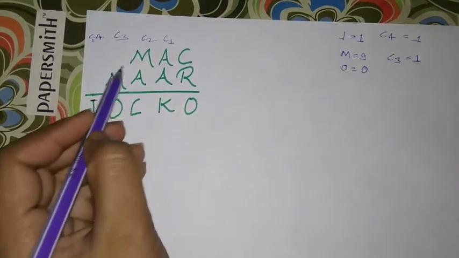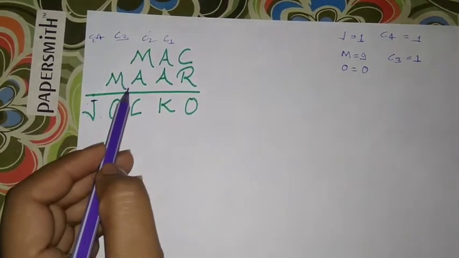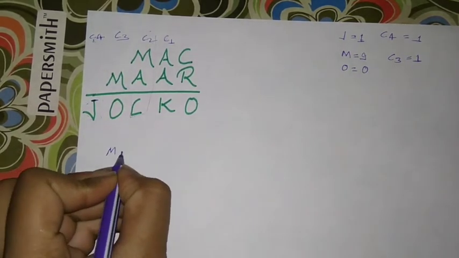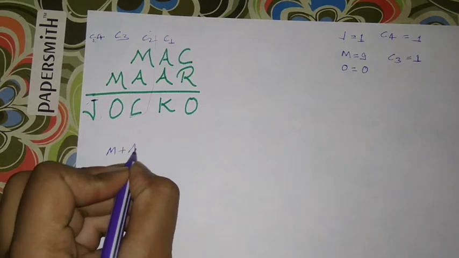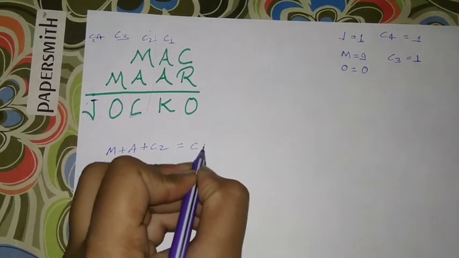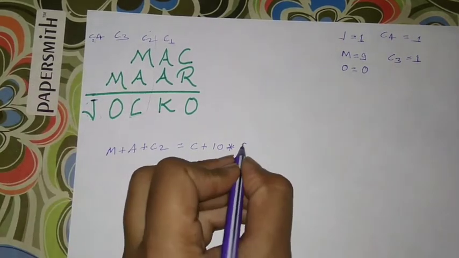Okay, now we make the equation for this column. That is M plus A plus carry C2 equal to C plus 10 into this carry C3.